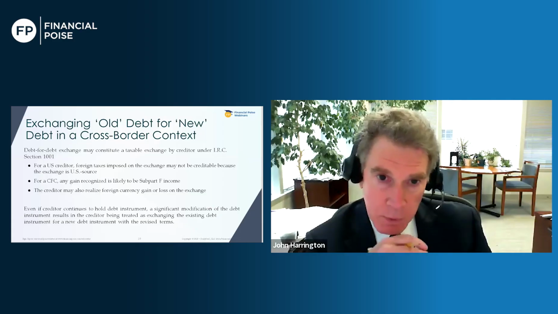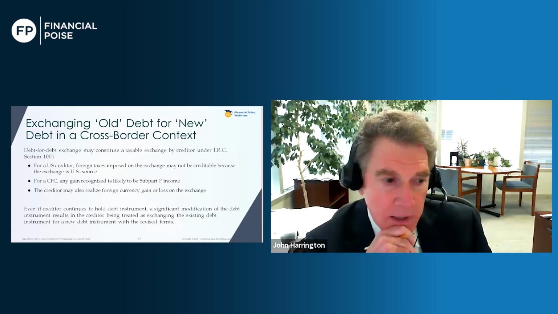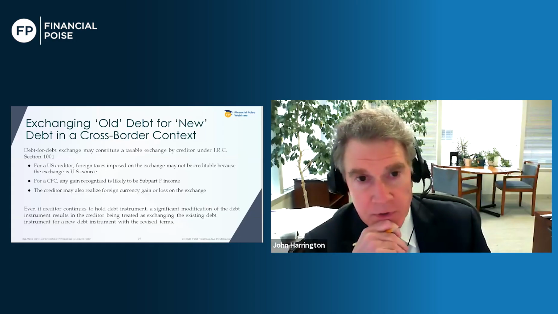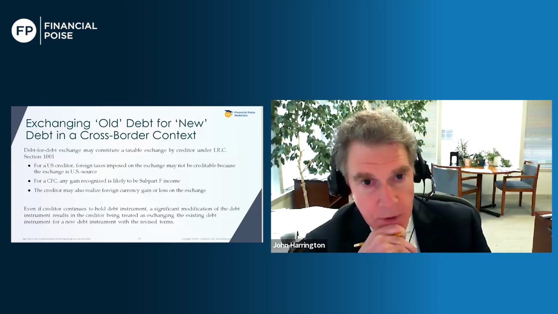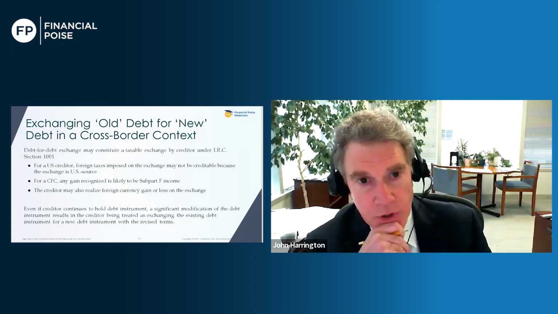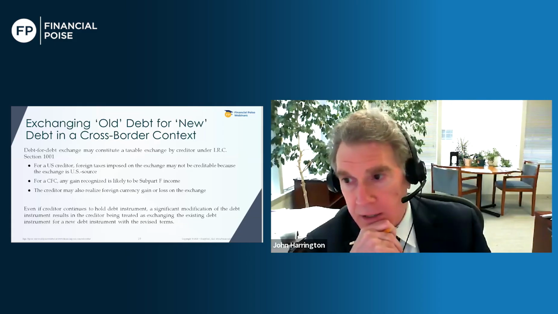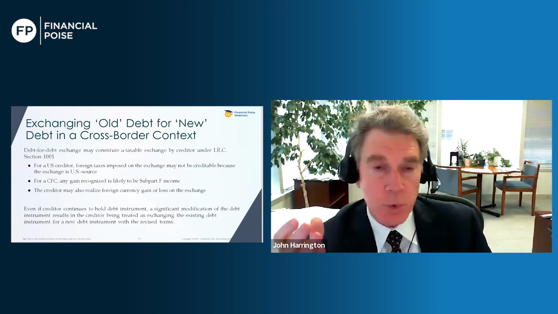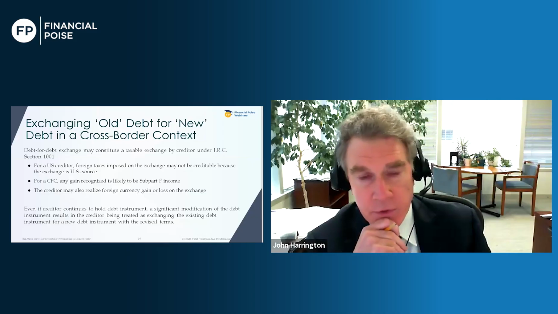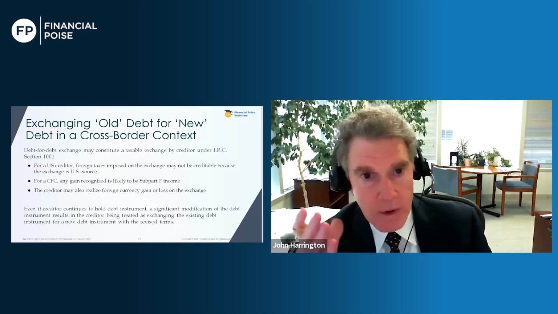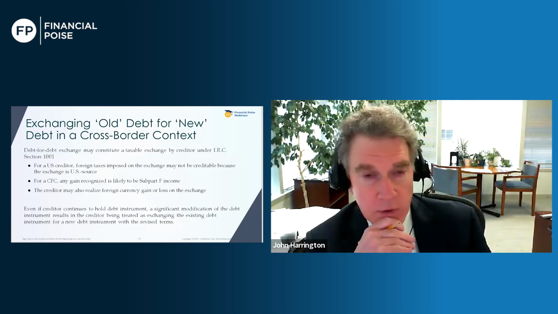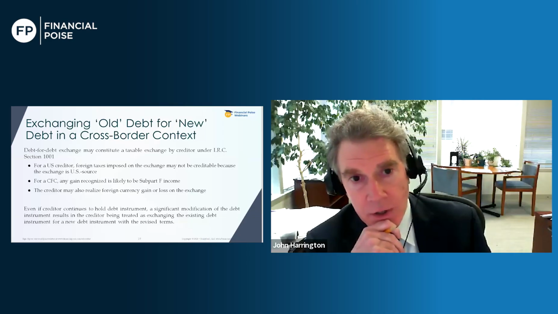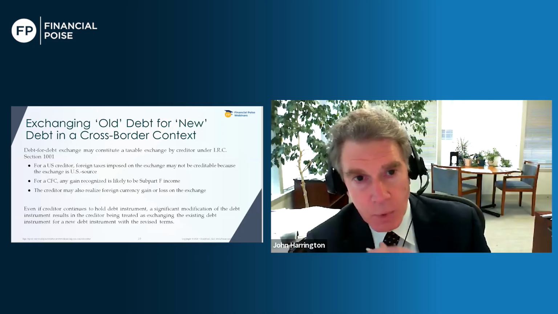Certainly if it's a U.S. person that resides in the U.S., that would be U.S. source income, and that either is not going to be creditable as a legal matter under some existing final regulations, or under some prior regulation, which you can currently elect to apply in lieu of those final regulations. It may be technically creditable, but it's still U.S. source income, and from a practical standpoint, you can't take a credit on it. So the issue there is that you ideally want to avoid any foreign tax as part of that exchange, because from a legal or practical standpoint, it's not going to be creditable for the U.S. creditor.